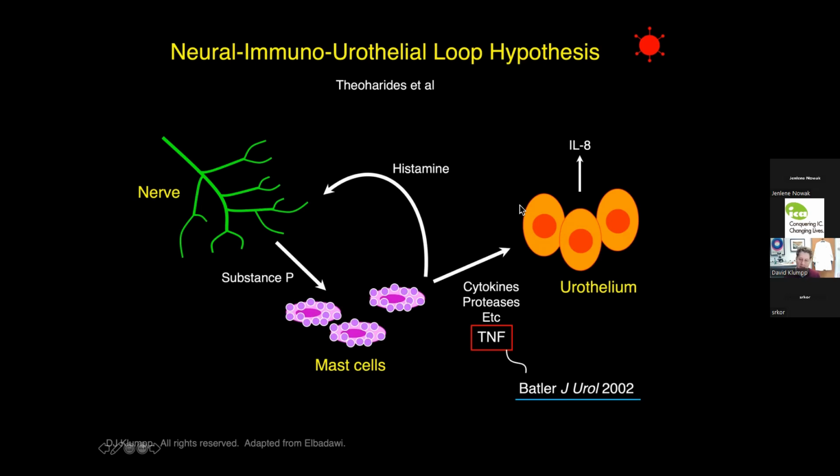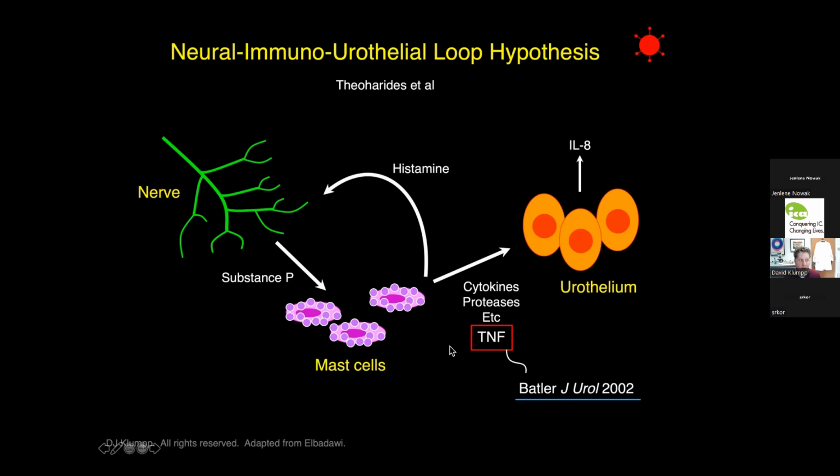And we started this by doing some very early experiments, just taking the soup coming off of activated mast cells and putting it onto urothelial cells in culture. And we found that a certain molecule, tumor necrosis factor alpha, caused this inflammatory response of urothelial cells.